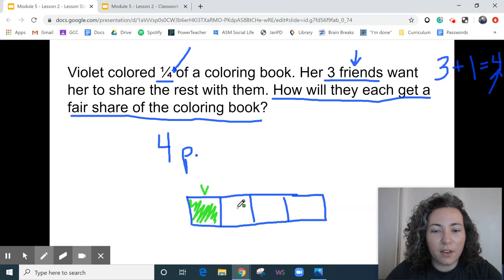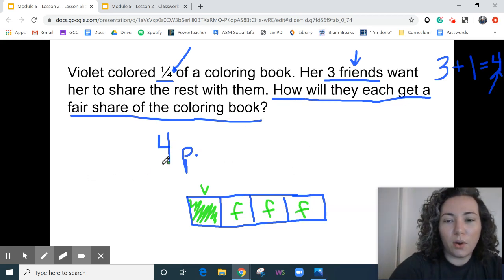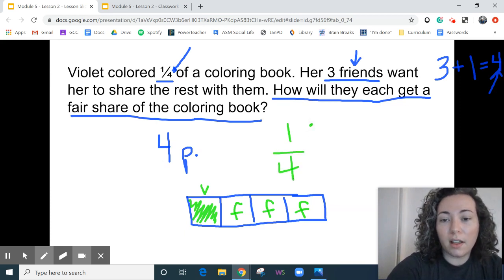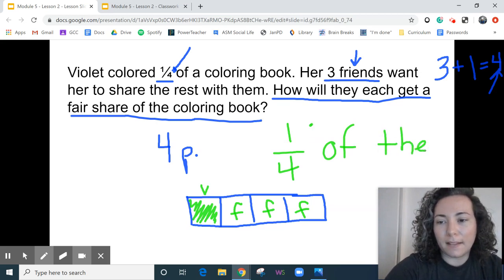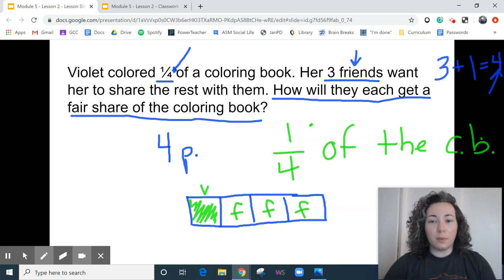So luckily, they all get to color 1/4 of the coloring book. Again, I'm going to put CB for coloring book. So how will they each get a fair share of the coloring book? They each get 1/4. I wanted to make sure I answered my question before moving on.